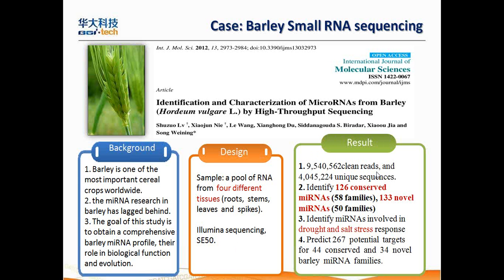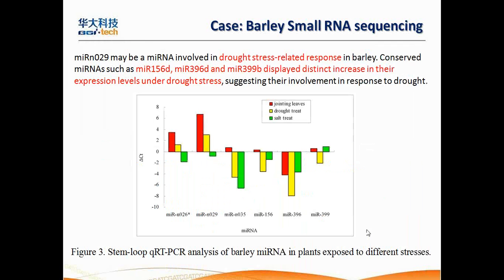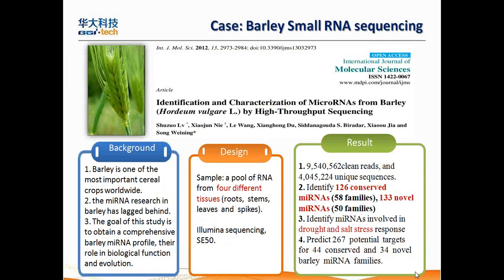As a result, they got this amount of clean reads and this amount of unique sequences. Most importantly, they identified about 126 conserved microRNAs belonging to 58 families, and they classified several microRNAs that are very important in drought stress response.